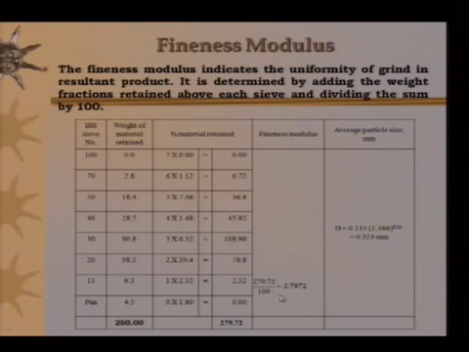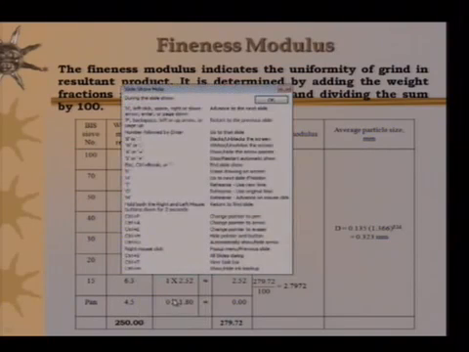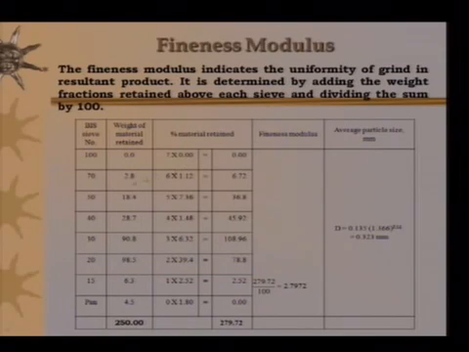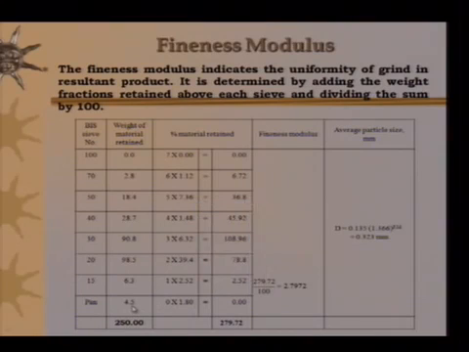Now you see here, the total percentage material retained we find here is 279.72, and 279.72 divided by 100 is equal to 2.7972. The fineness modulus shows us the uniformity of the product over the entire range.